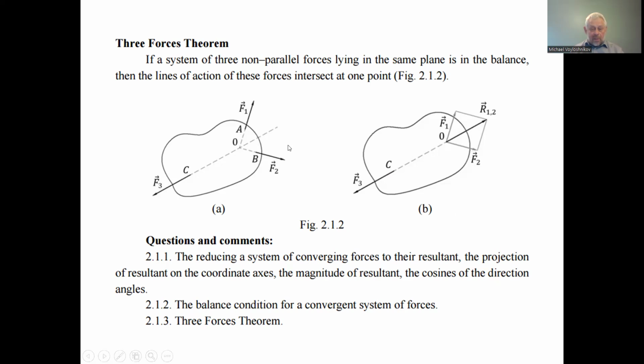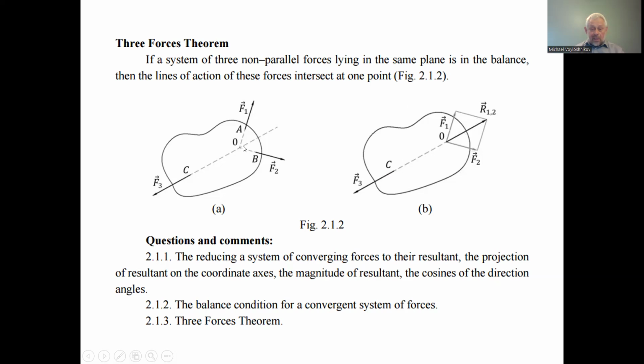If these forces are in balance, then we can consider two forces, F1 and F2, in the plane, and using the parallelogram rule, we can find the resultant of forces F1 and F2 as R12, this vector. For the mechanical system to be in balance, this force has to be balanced with the force F3. That's why it has to be on the line of action of force F3.